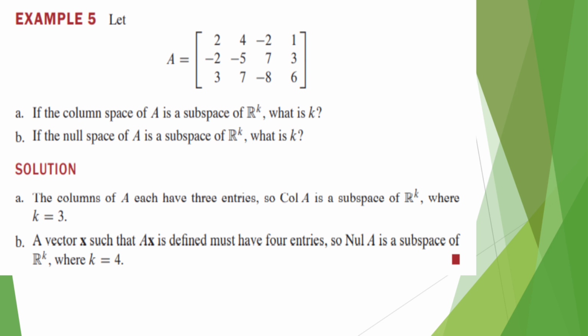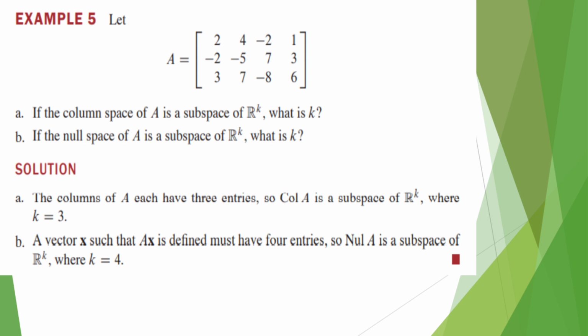Here A is an m by n matrix. Col A is a subspace of R to the number of rows, and Nul A is a subspace of R to the number of columns. How many rows are there? Three rows, so the first answer is 3.